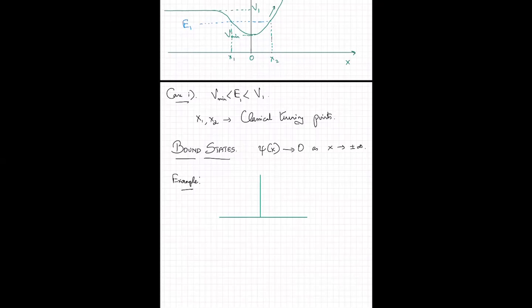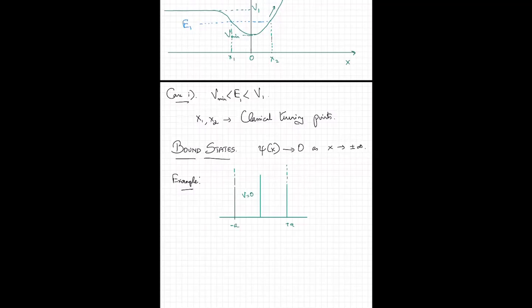You have a potential such that the potential is infinite between some, let us say, minus a to plus a. So the potential is infinite at x is equal to minus a and x is equal to plus a, and the potential is 0 inside.